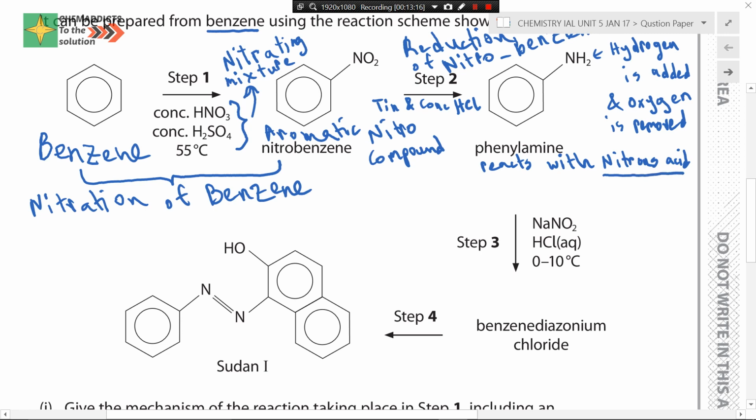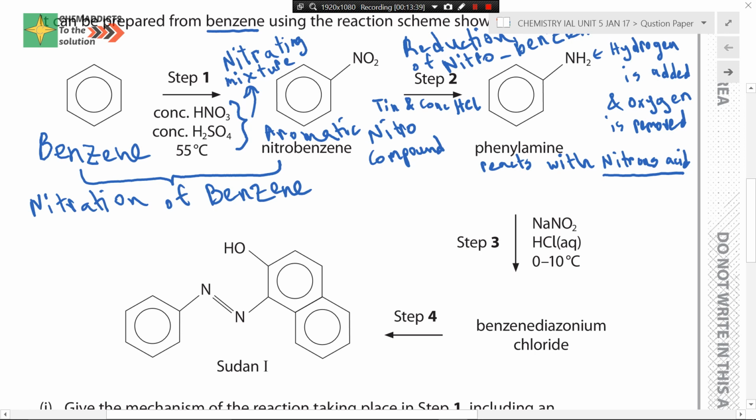Just as before, we have learned that we need to prepare something. We mixed this with this to form the nitrating mixture. Similarly, here we need to form nitrous acid.